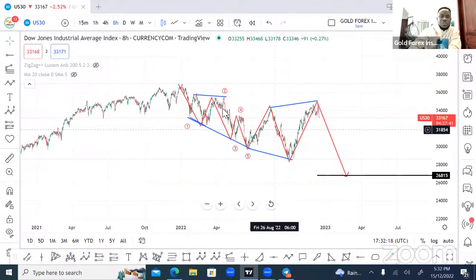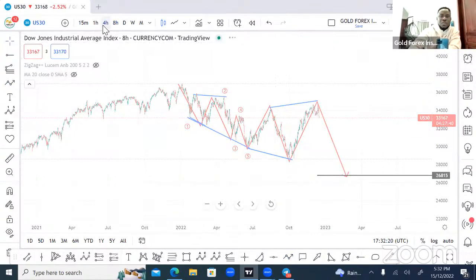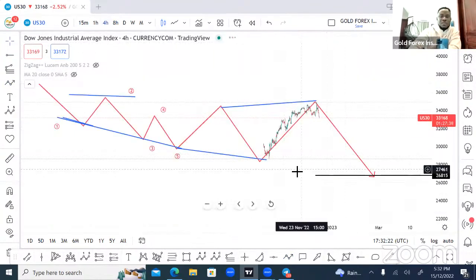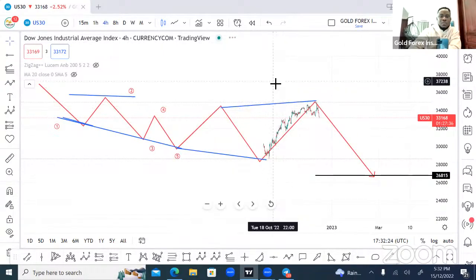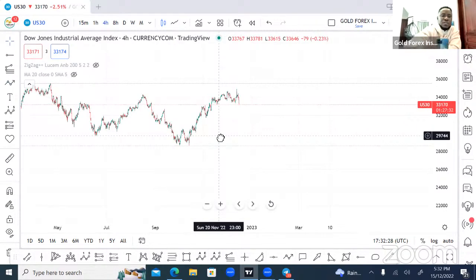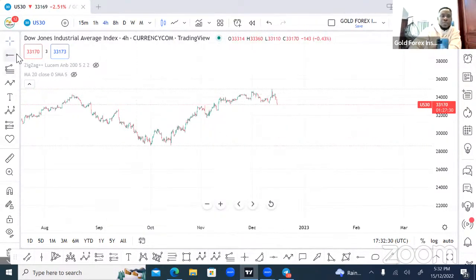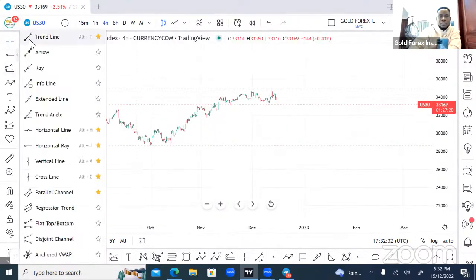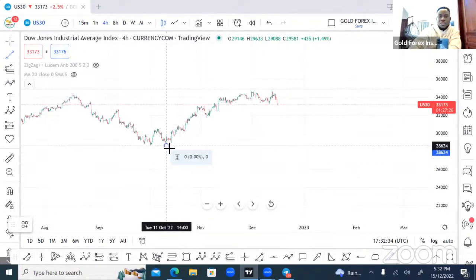Now on the 4-hour, we had this trend line broken.